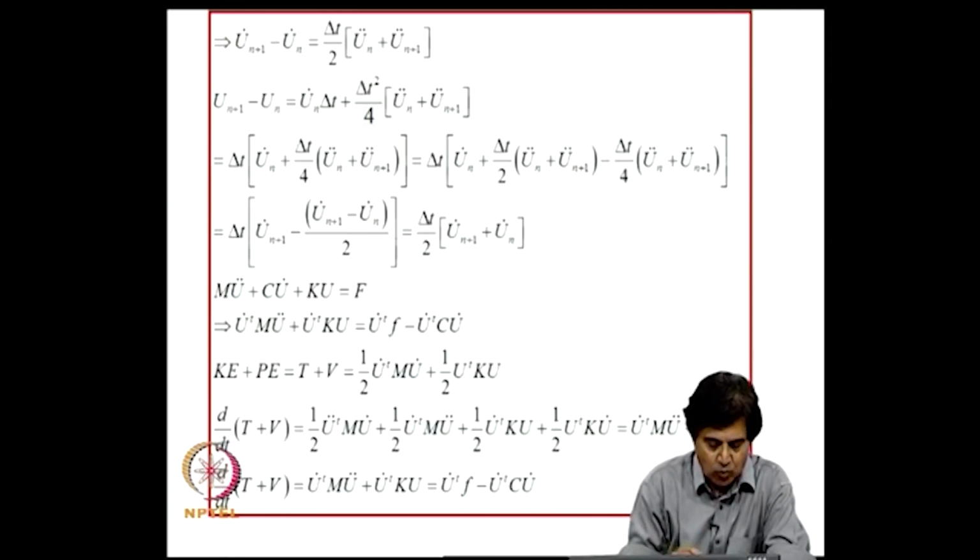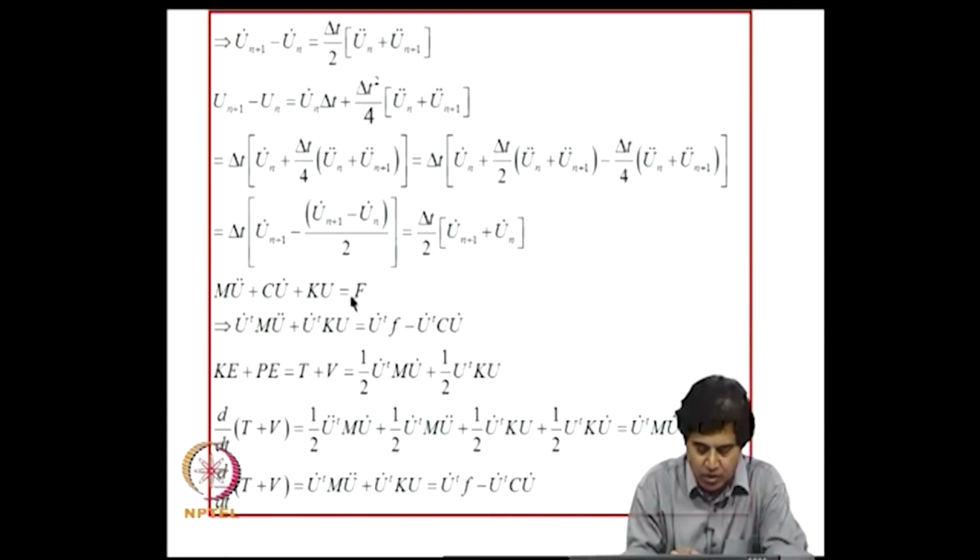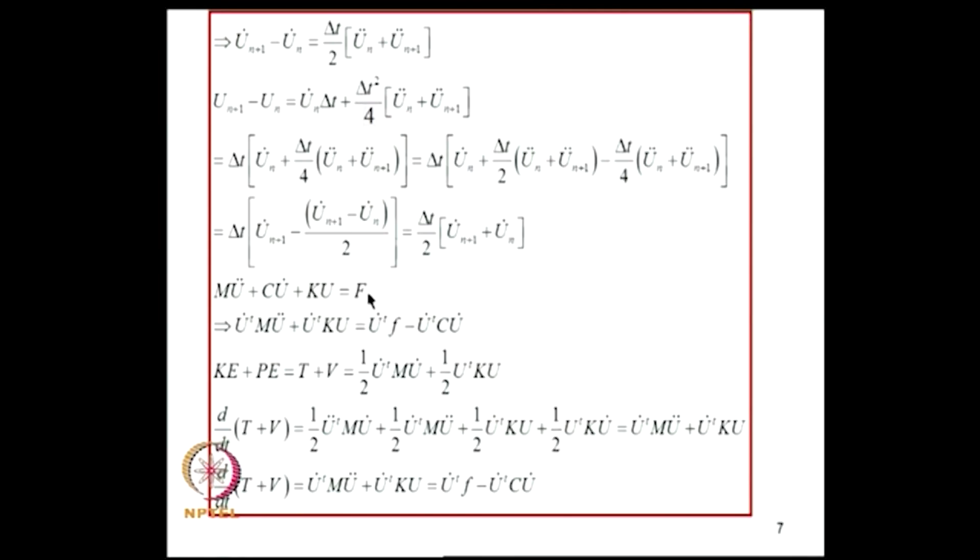Now, we have the equilibrium equation at any time t. What I will do is pre-multiply by u dot transpose, so this equation is what we get. Now, u dot transpose into f of t is actually the work done by the external force per unit time.